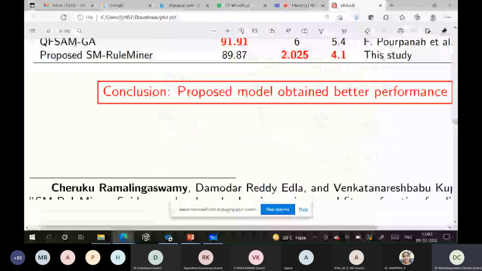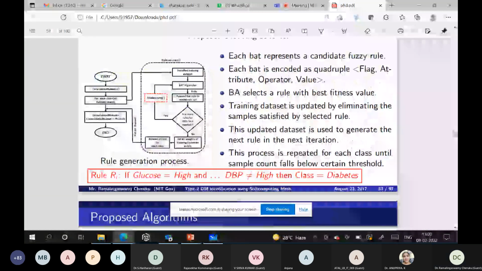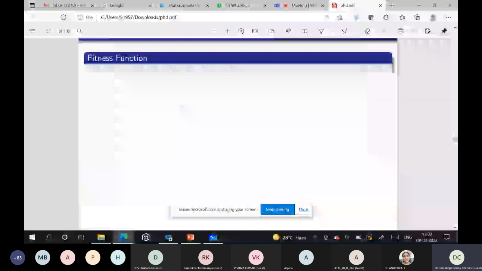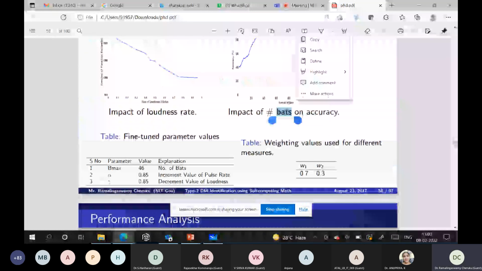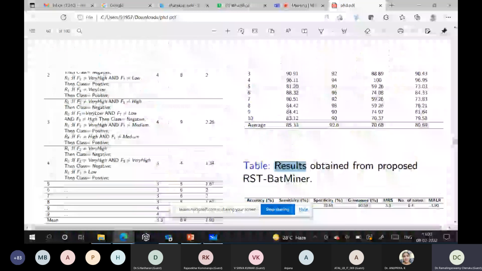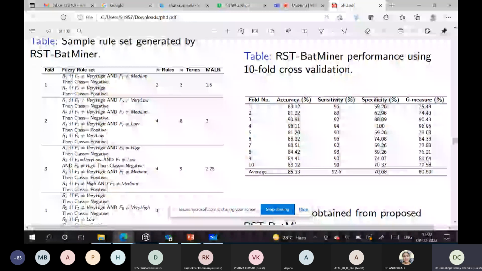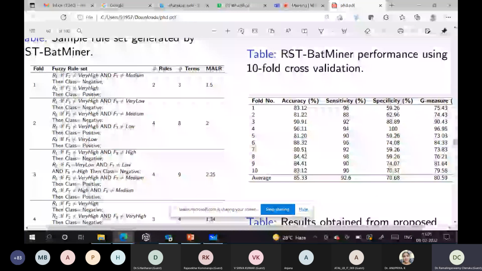We did that part also as a part of our PhD. Look at the rules over here. These are called fuzzy rules, and they are much more interpretable than the crisp rules.